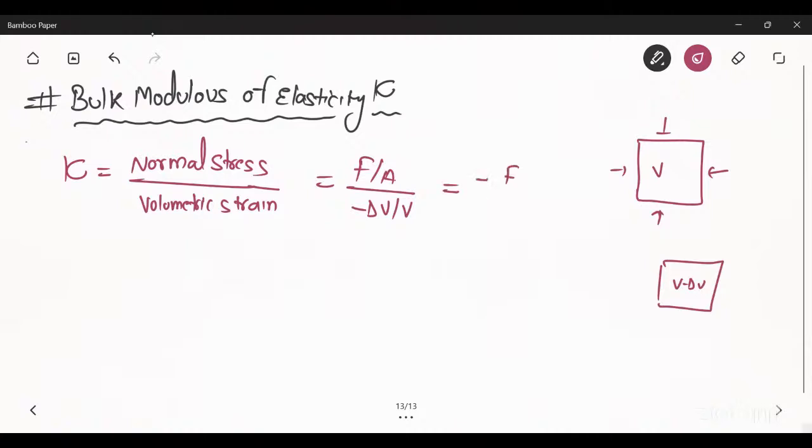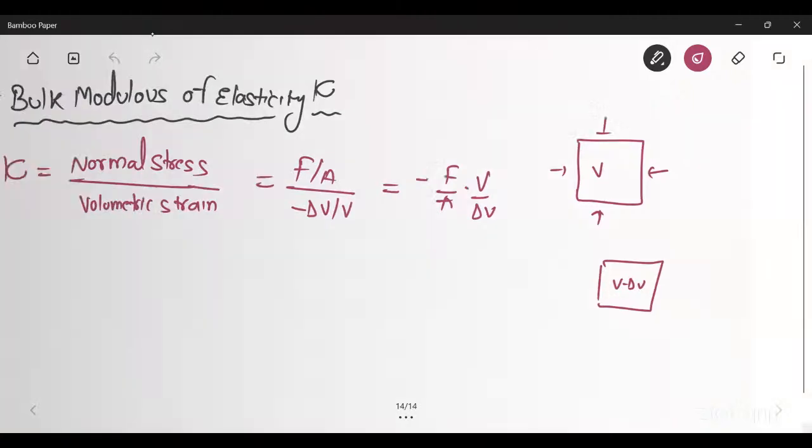So minus F upon A into V upon delta V will be the formula of K. It also has the same unit, Newton per meter square, the same CGS unit, dyne per centimeter square, and the same dimensional formula, M L^-1 T^-2.